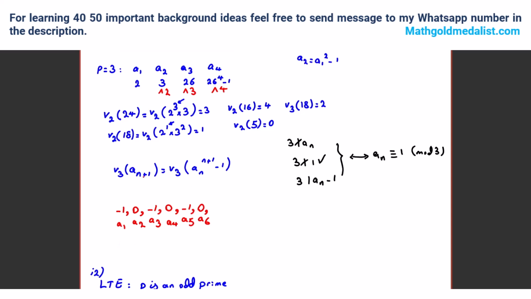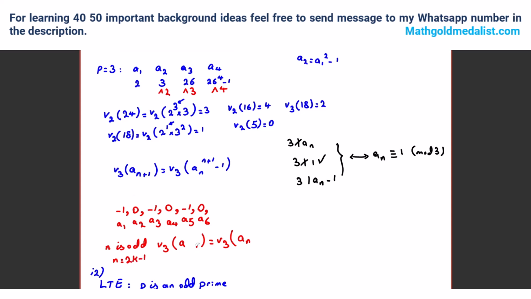So if we consider n odd, suppose n is odd, okay? So v3 of an plus 1, let's see what it is. It is v3 of an to the n plus 1. Because n is odd, you can say n is, for example, 2k minus 1.